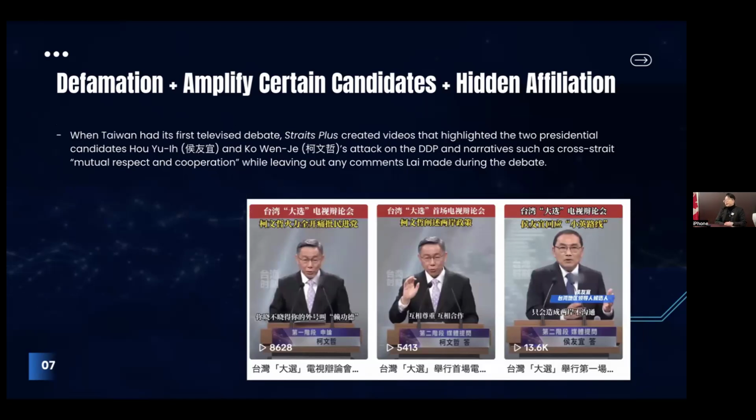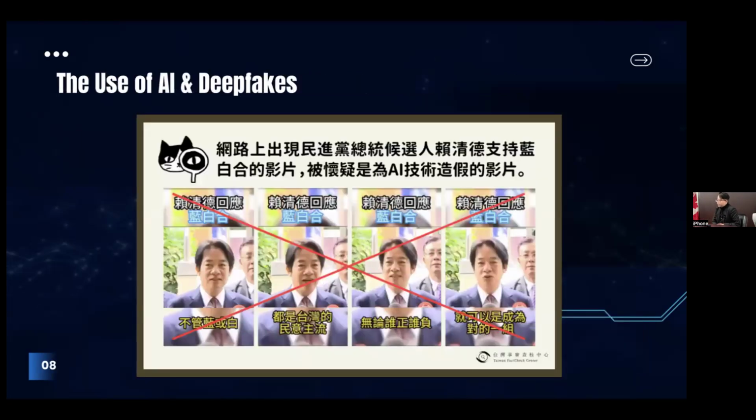This is the same account publishing other presidential candidates' speeches while deleting arguments that are not in favor of Beijing. These are really common tactics they use during the election period.